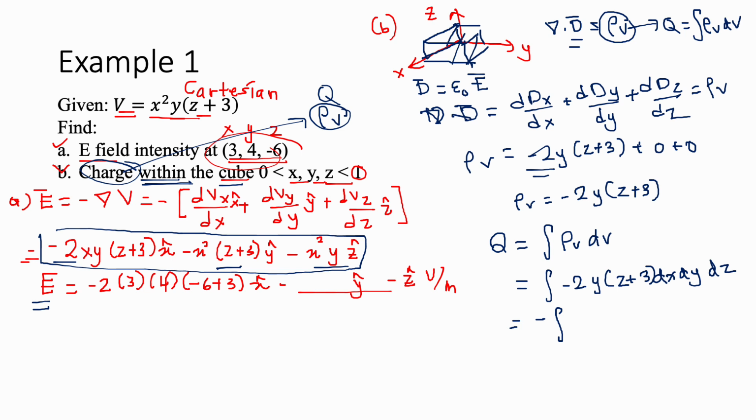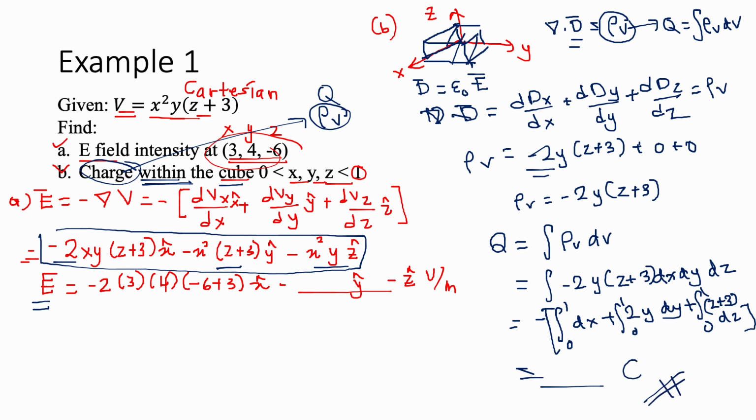For dx, the limits will be 0 until 1, plus with your dy, it's going to be 2y dy, so the limits also 0 until 1, plus for dz, also integration z plus 3 dz, and the limit also 0 until 1. So you solve this, you will get your answer, and it's going to be in coulomb.